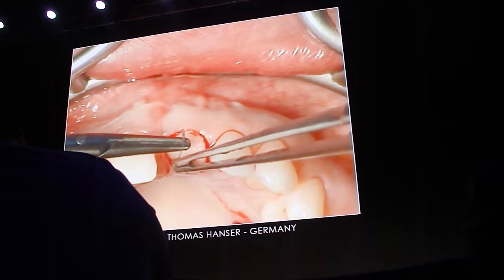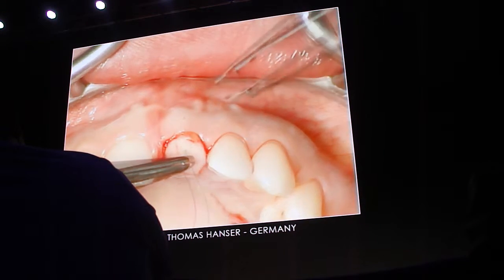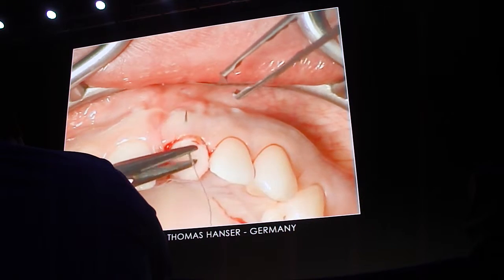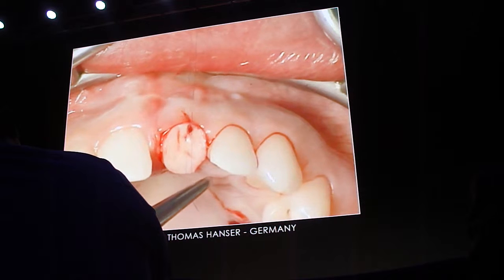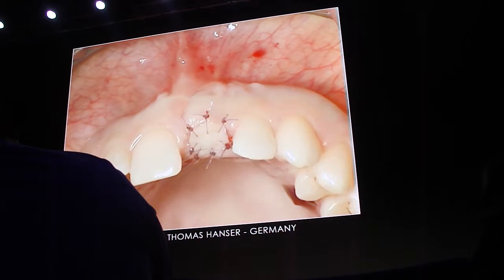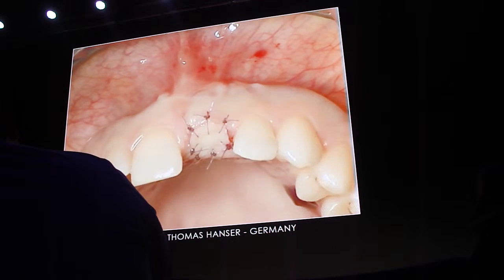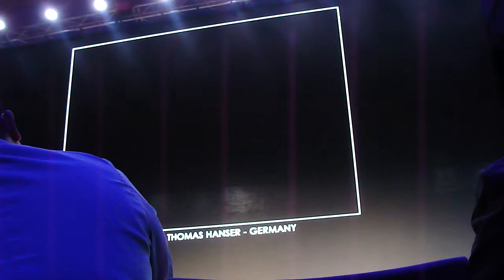We have to make sure to stabilize the free soft tissue graft to have a nice contact between the recipient site and the graft itself. By suturing these soft tissue grafts, we are able to create stability, we are able to seal the grafted area, but especially, and this was the aim, to keep the contours.